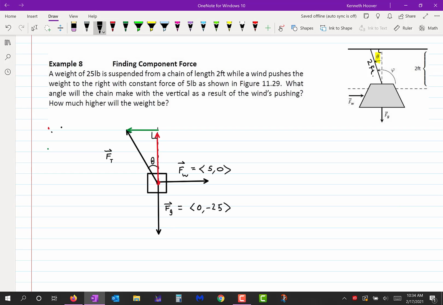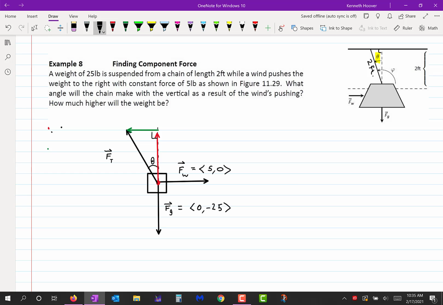Okay, now you gotta be very careful. It's not 2 feet. In fact, feet wouldn't even make sense. That's a force. It's not a length, it's a force. So the units would be pounds. And remember what I told you earlier? That black vector is not the chain.